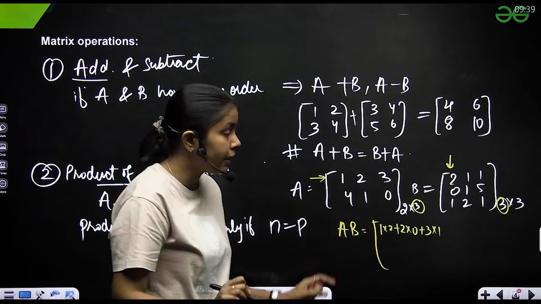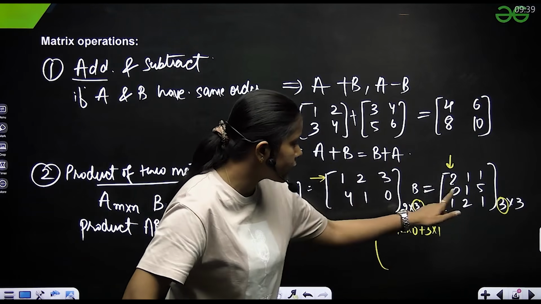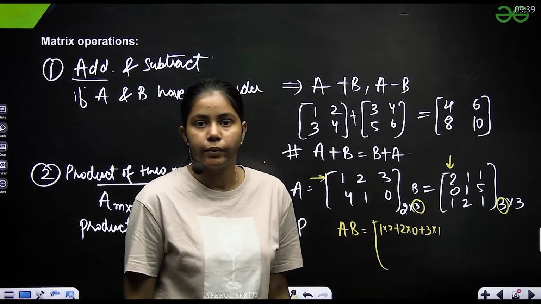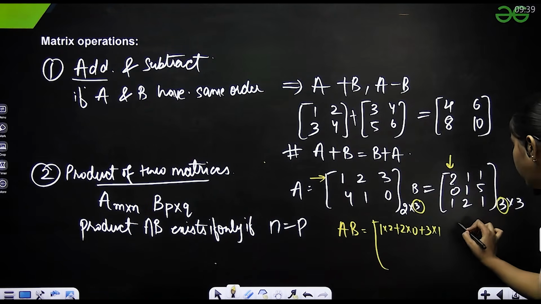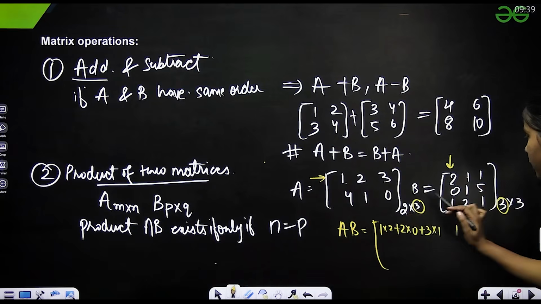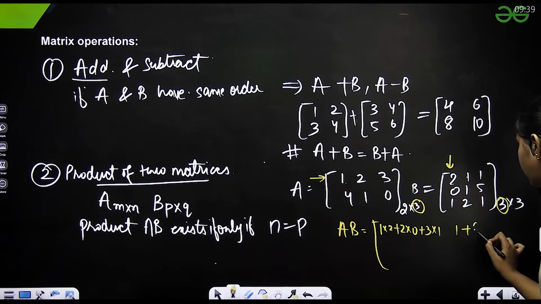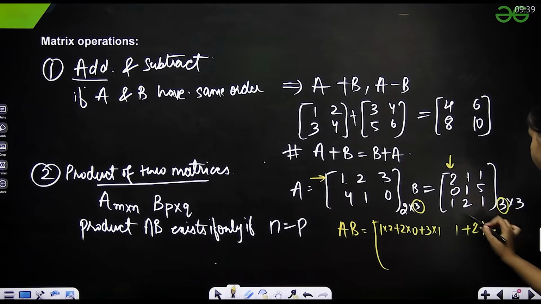That means 1 gets multiplied with 2, 2 gets multiplied with 0, 3 gets multiplied with 1. Similarly, 1, 2, 3 gets multiplied with 1, 1, 2. So 1 into 1 is 1, 2 into 1 is 2, and 3 into 2 is 6. Then 1 into 1 is 1, 2 into 5 is 10, and 3 into 1 is 3.